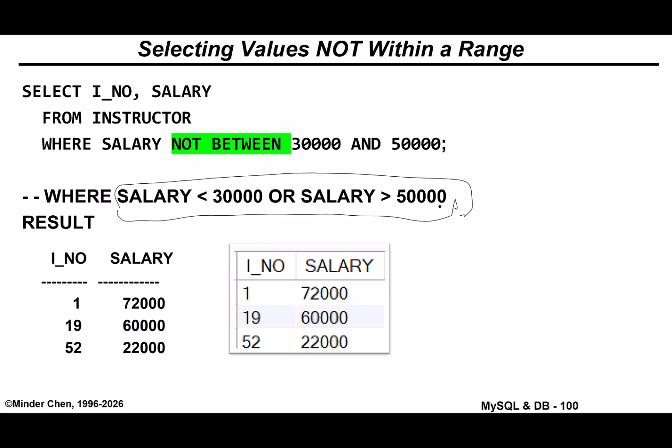But in this case, not between is still relatively easy to understand, which means you want to find instructors by retrieving their instructor number and salary, where their salary is less than 30K or greater than 50K.